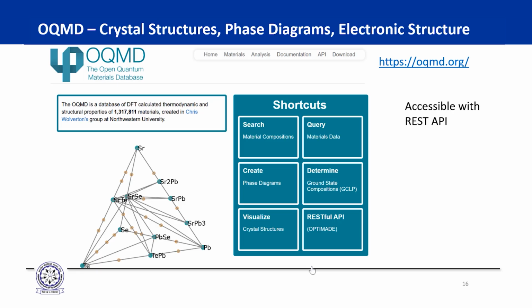You can search, you can query, you can create phase diagrams, you can determine the electronic structure calculations and the ground state compositions. You can visualize the crystal structures, and all of this is accessible using the REST API that we just talked about. So these are big databases, and you can access them all using the REST API.